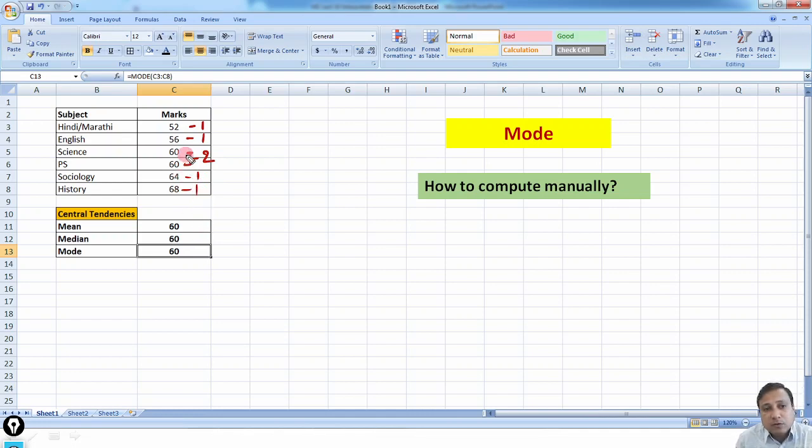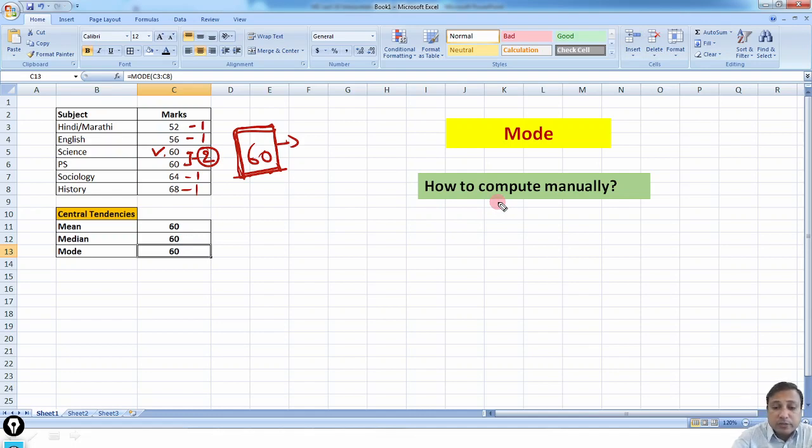So which value comes with the highest frequency? This value 60 comes with the highest frequency, that is why 60 is the mode, and 60 simply represents what? These are the marks which that particular student has earned in the maximum number of subjects. Fine. So this is the way that we interpret mode.